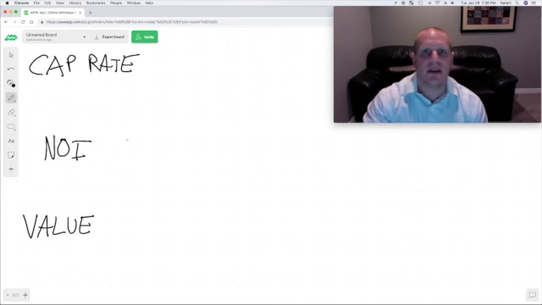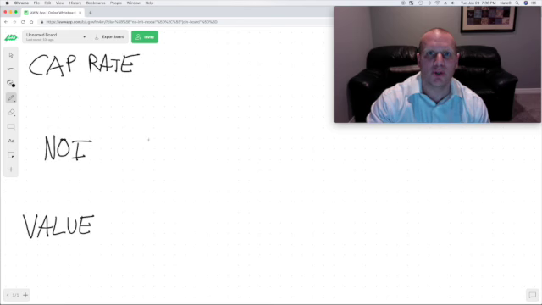So the cap rate, which is short for capitalization rate, equals the amount of return you would get if you paid all cash for an investment. Most of the time, commercial building investments are financed or leveraged. So the cap rate is not a return of your investment unless you pay all cash.